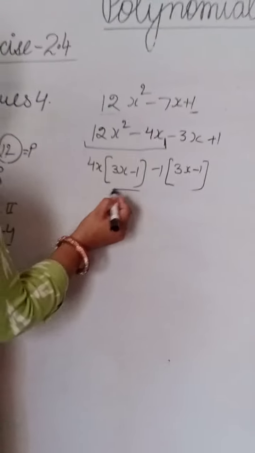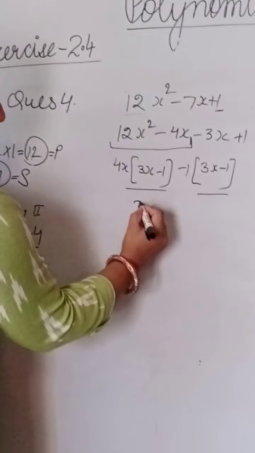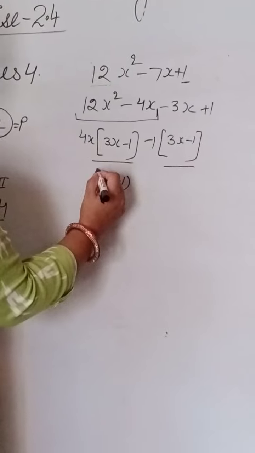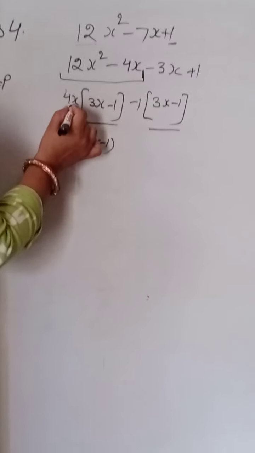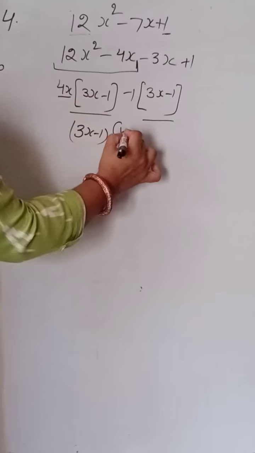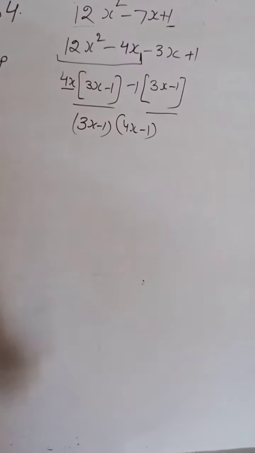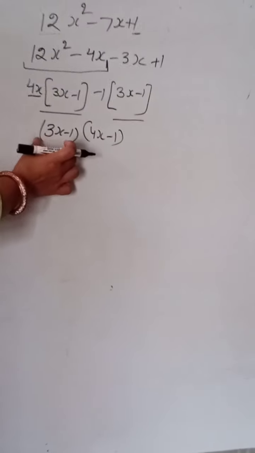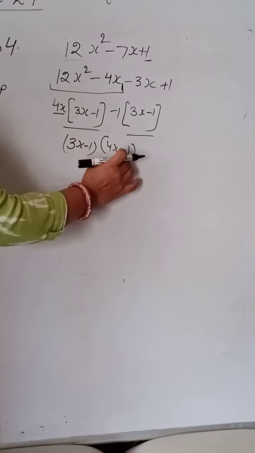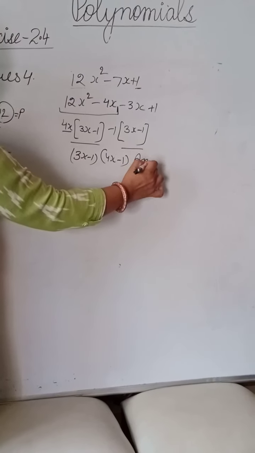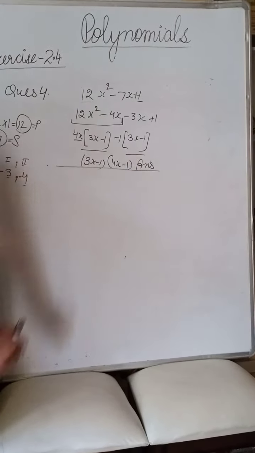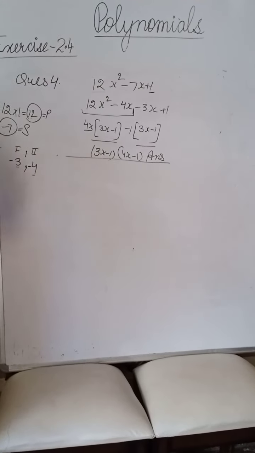So students, you can see these two terms are the same. So right here 3x minus 1. What is left from here? That is 4x, and from that side minus 1. So these two, 3x minus 1 and 4x minus 1, are the factors of this polynomial. Clear?